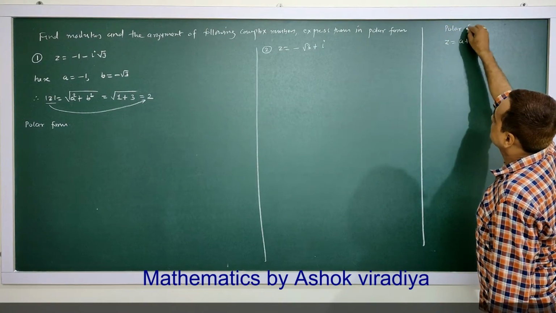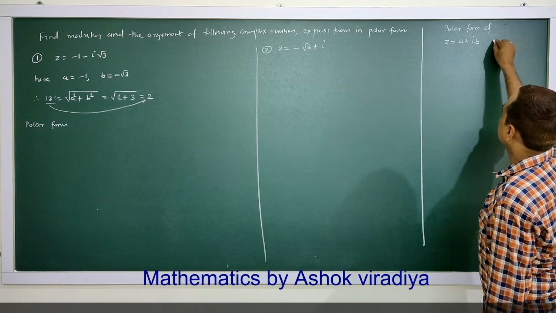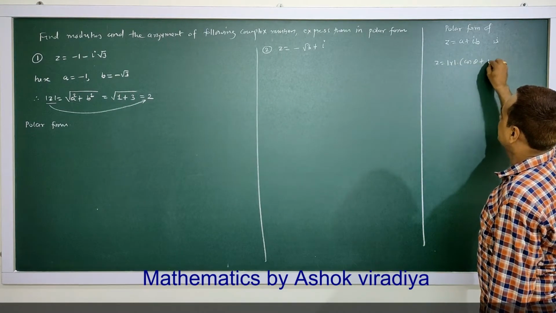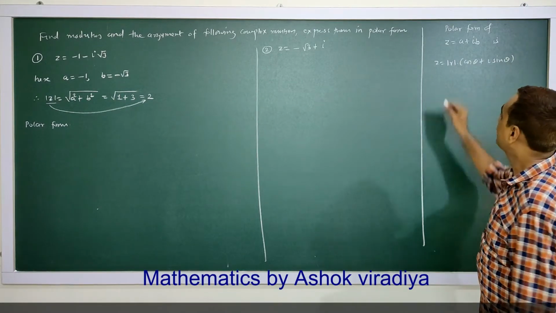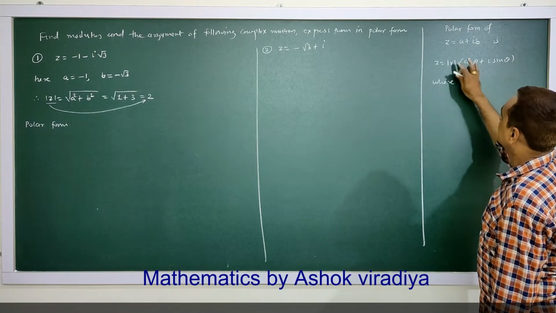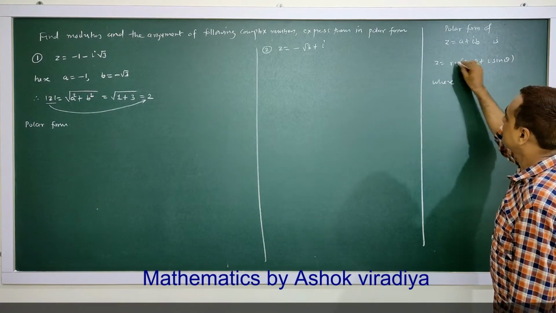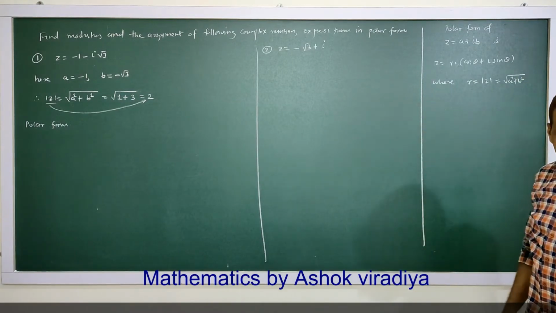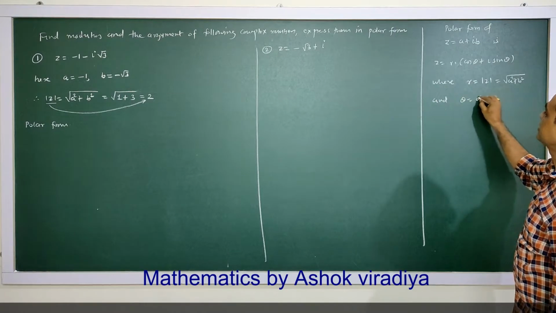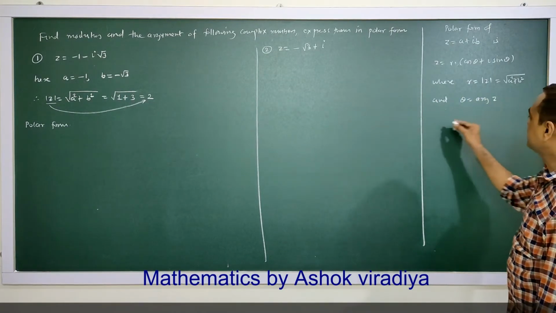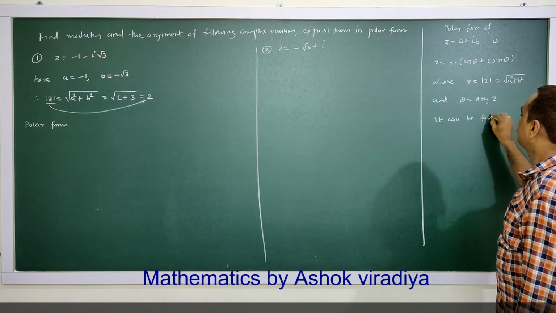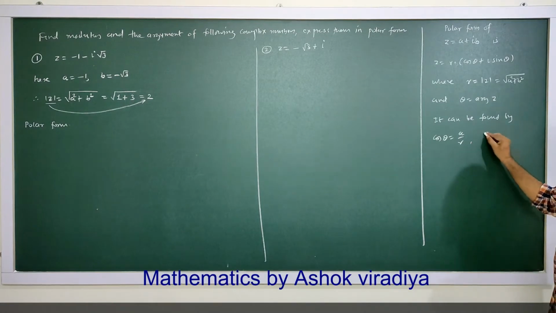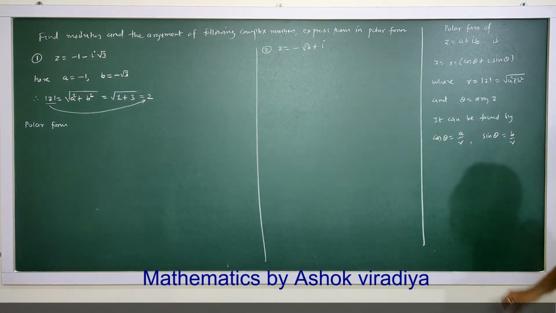The polar form of Z equal to A plus IB is Z equal to R, cos theta plus I sin theta, where R is the modulus of Z, it is root A square plus B square, that we have found, and theta is the argument of Z. This theta can be found by cos theta equal to A by R, sin theta equal to B by R.